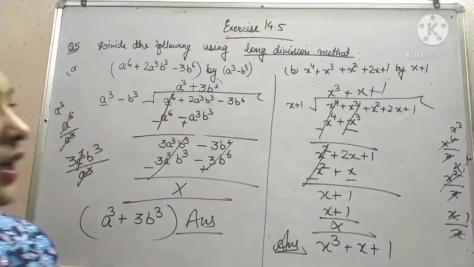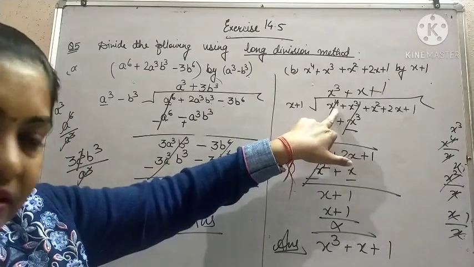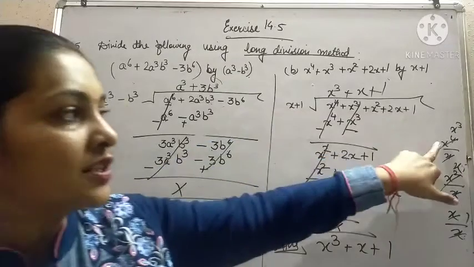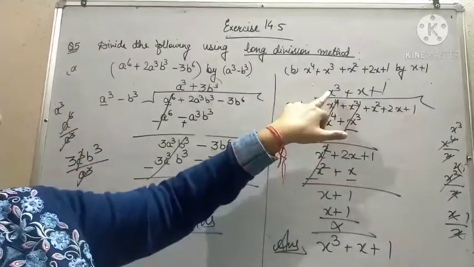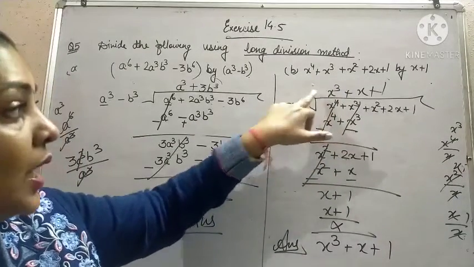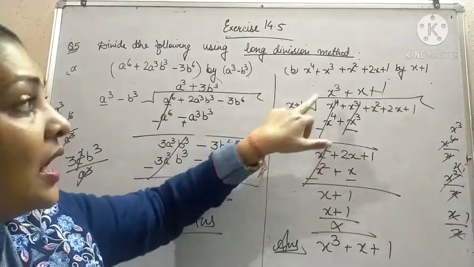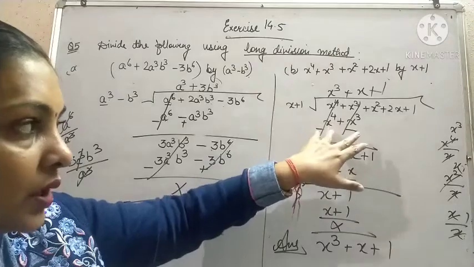Once again I am repeating the procedure. You have to take the first term over here and the first term over here. Whatsoever comes upon division, that will be the first term of your quotient. Multiply the whole divisor by that quotient term and you will obtain two terms.